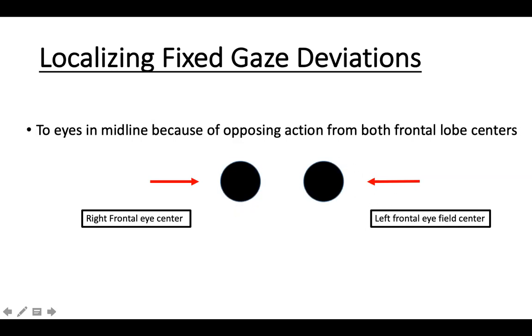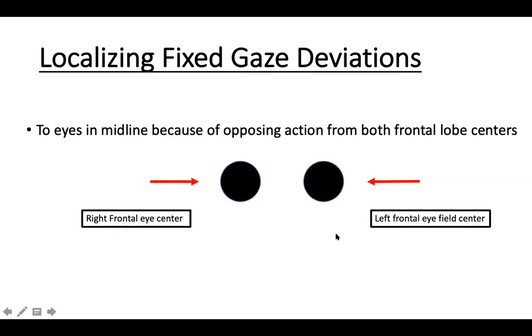Similarly, if your left frontal eye field center is more active than the right side, it will push your eyes towards the right side. So a right frontal eye field center usually tries to push the eyes towards the left side, and your left frontal eye field center tries to push the eyes towards the right side. Those are opposing actions.